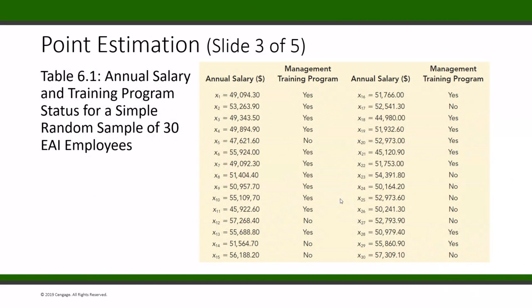All right, so here they are showing us the same thing. There are 30 employees, and they have just shown the salary of 30 employees, selected using random sampling, and whether they took the training or not.